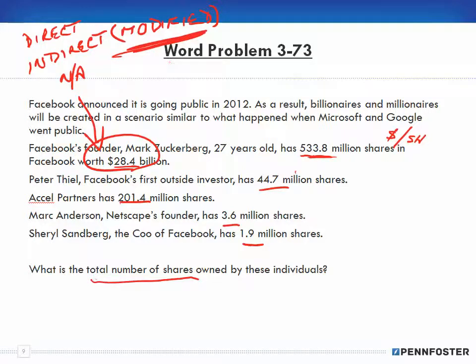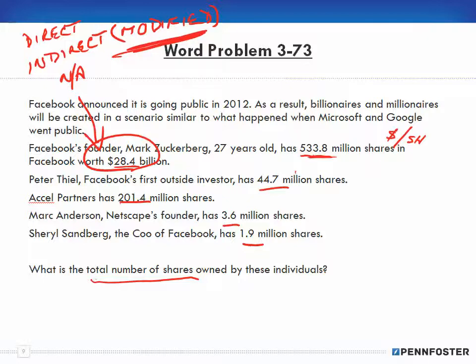In other words, I have to figure out the dollar per share, and then take that dollar per share and multiply it by that number of shares, that number of shares, that number of shares, and add them all up to get my total dollar amount. But that's not what the question is asking. So just be aware that when you're actively thinking, you keep information in the back of your head, but only use what the question is actually asking for.